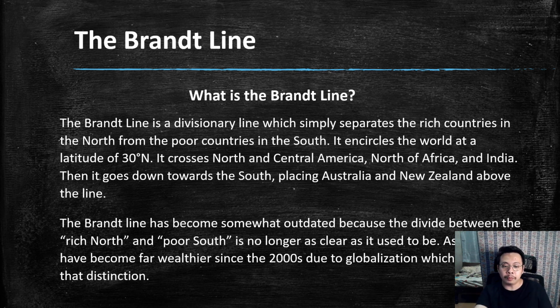So the world has become far wealthier, or even Asian countries rather, have become far wealthier since the 2000s. This is because of globalization, which has blurred the distinction of the two.